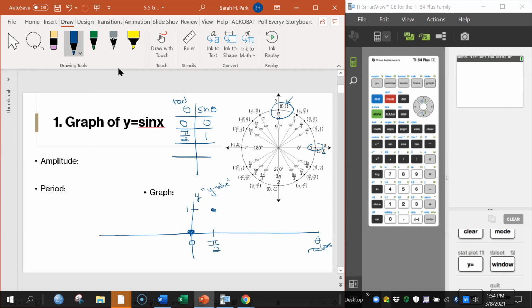And then at pi, sine of theta is 0. And then we're going to go down here at 3 pi over 2. At 3 pi over 2, sine is -1.